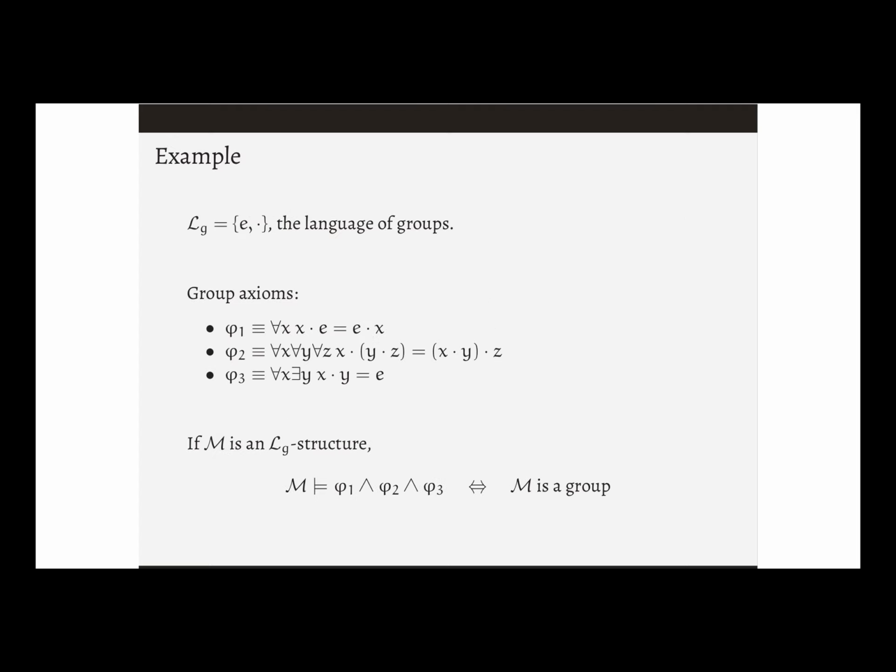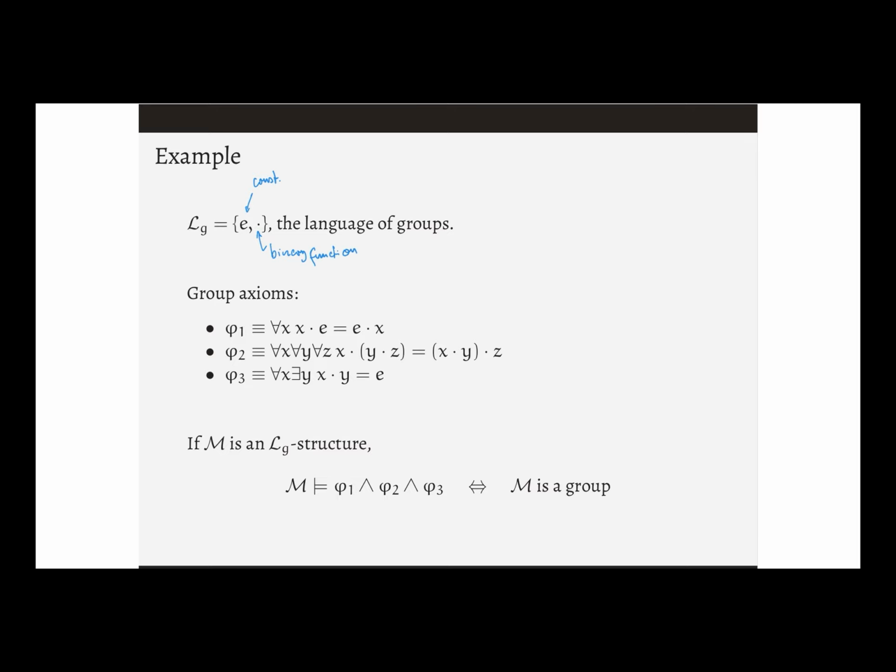We finish this lecture with a simple example. Let this be the language of groups. Remember, this was one constant symbol intended to represent the neutral element, and a binary function.